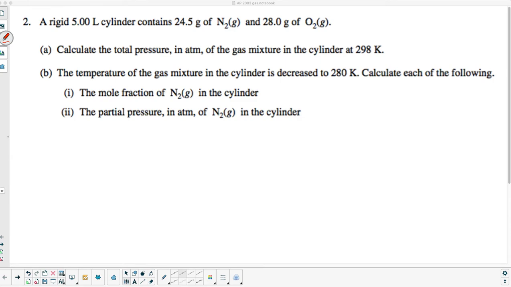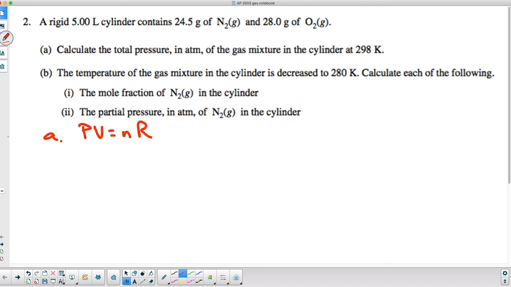Now we know number one here that if we're given grams, this is something that goes way back to the first trimester. If we're given grams, we can always find the number of moles, which is what we need because we're going to do PV equals nRT, and what we're looking for is the total number of moles of both nitrogen and oxygen added together to solve this equation.